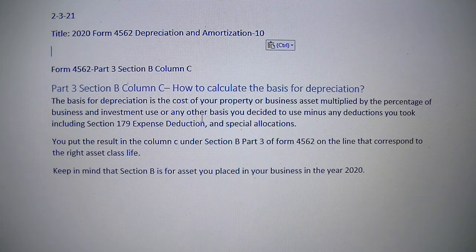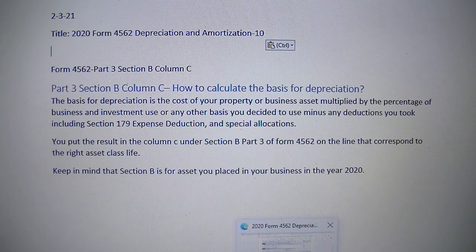Well, you'll take the cost of the property, you'll multiply the cost by the percentage of business and investment use, and then you will deduct any Section 179 deduction that you took and any special allocation.